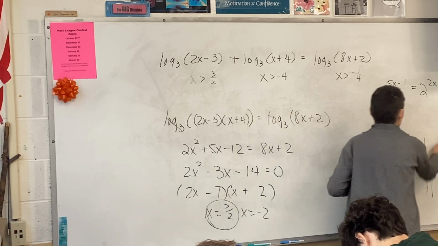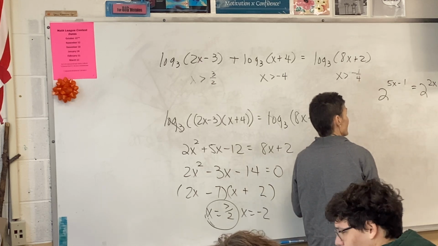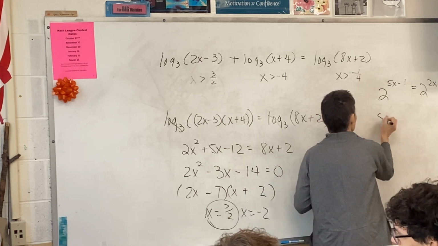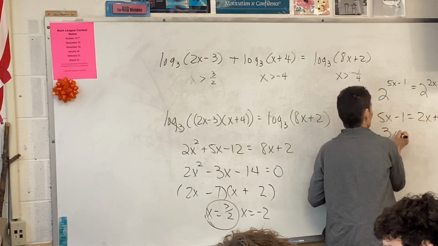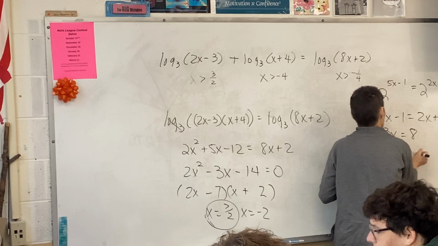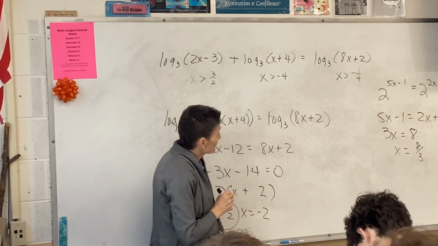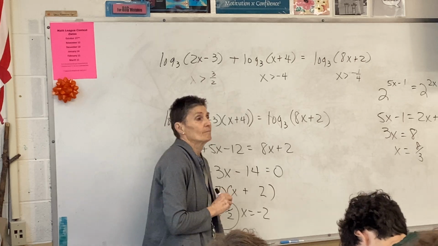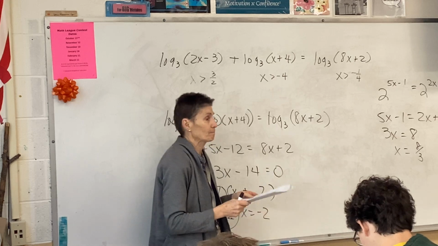Okay, what's the really good news about this problem right here? They're both powers of 2. So 5x minus 1 equals 2x plus 7. If I didn't make any mistakes, I got 8/3. So easy.